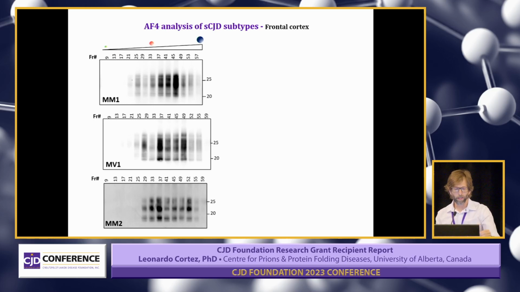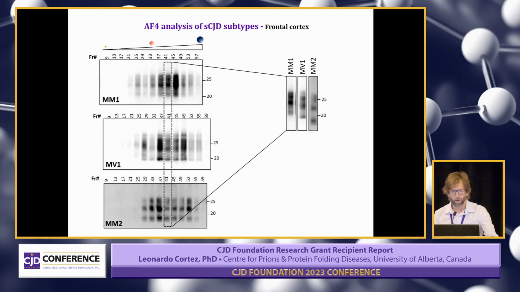Then we treat those samples with PK, and we analyze those PK-treated samples by Western blot. What we can see here, if we compare side by side, is that now MM1 and MV1 have a different profile in a Western blot. So, a different fingerprint, which may be indicating that we actually have different types of prion in these two samples, right?